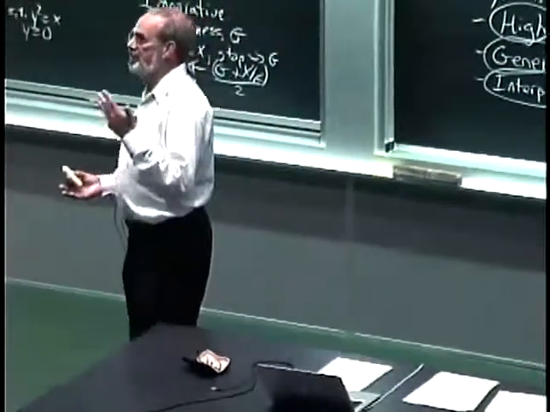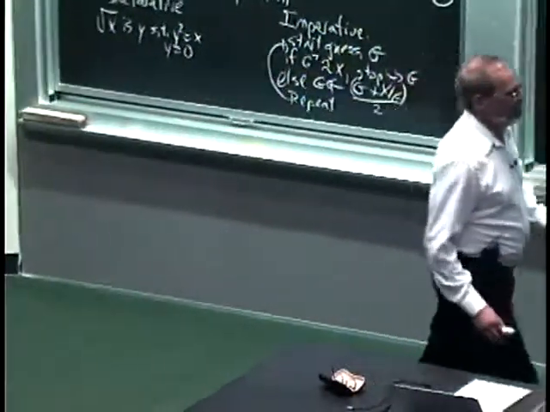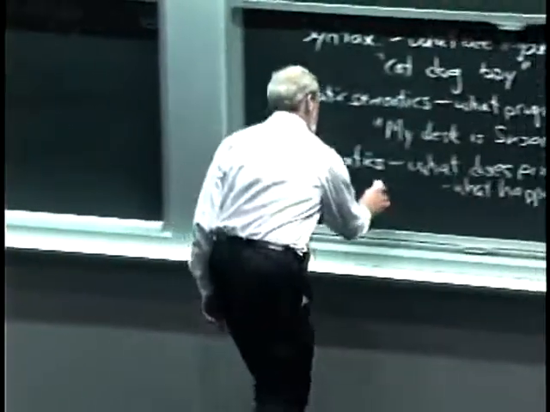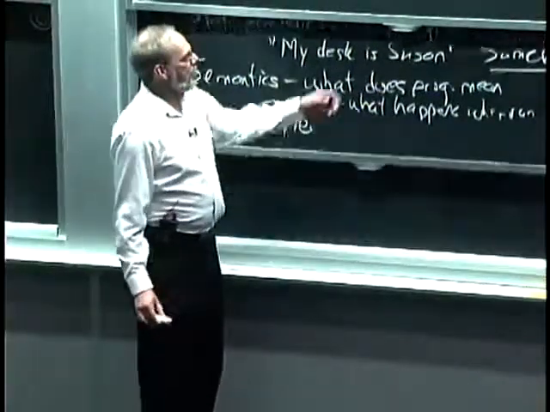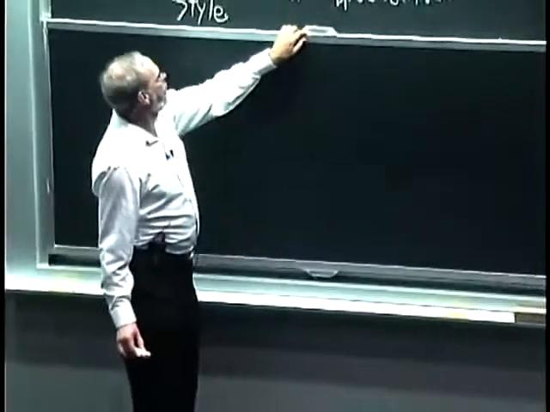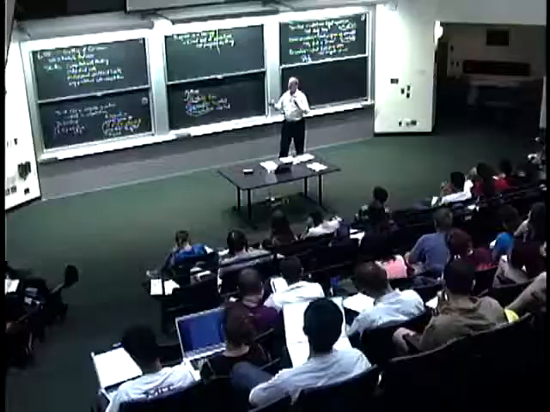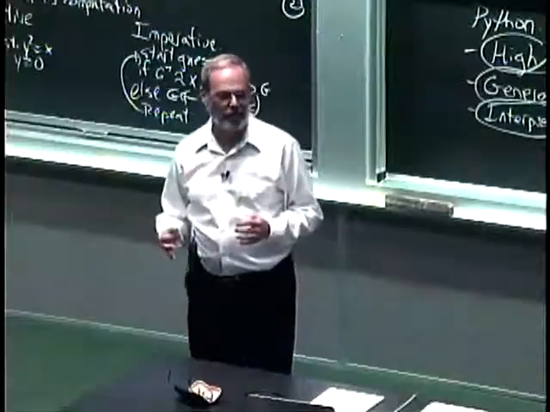You'd love to have a system that spots that for you, but it's not possible. And so to deal with this last one, you need to develop style. Meaning, we're going to try and help you with how to develop good programming style, but you need to write in a way in which it is going to be easy for you to spot the places that cause those semantic bugs to occur.